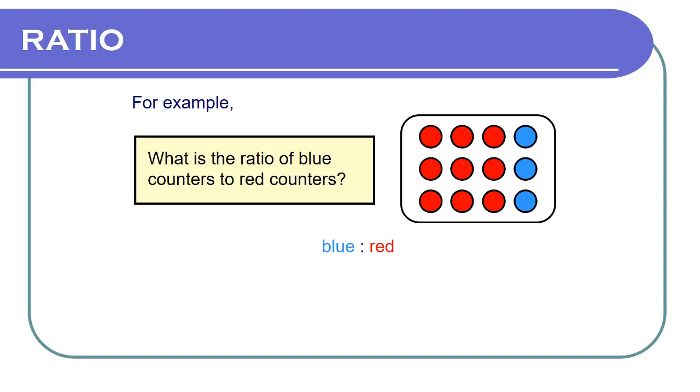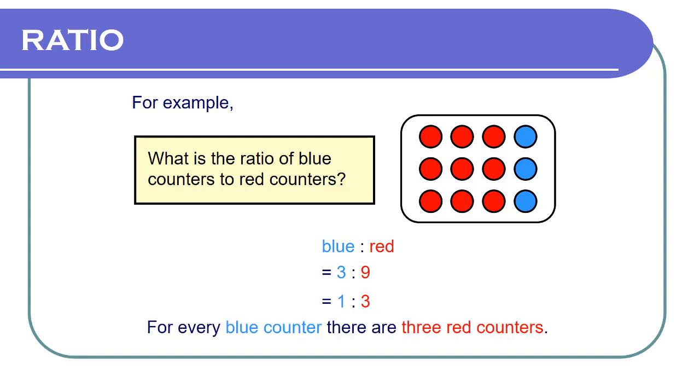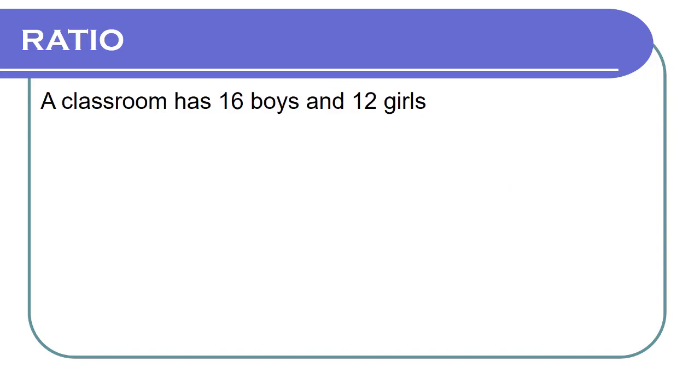So the ratio here is the opposite of the first ratio, which means 3 to 9. Again, we need to simplify this ratio by dividing both numbers by 3. So we get the ratio of blue counters to red counters is 1 to 3. It means that for every blue counter, there are 3 red counters.